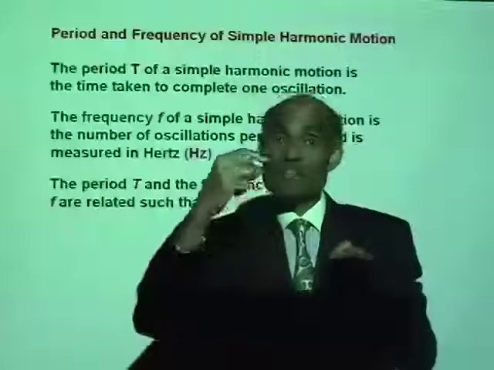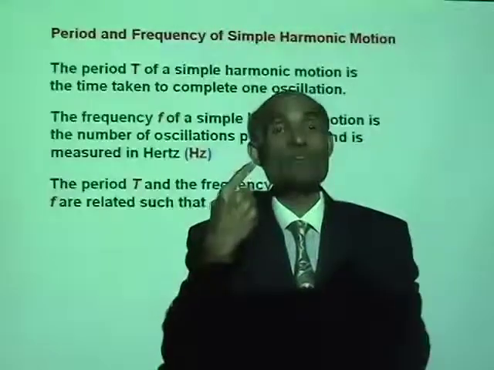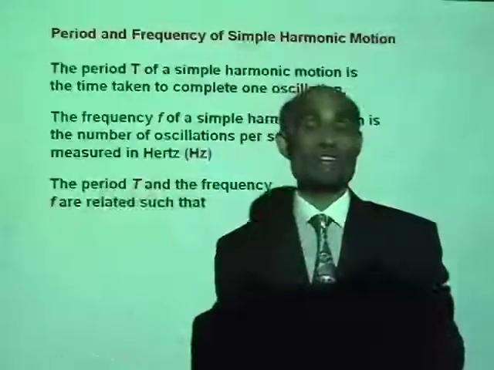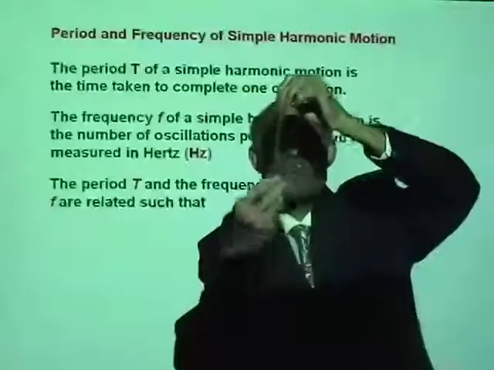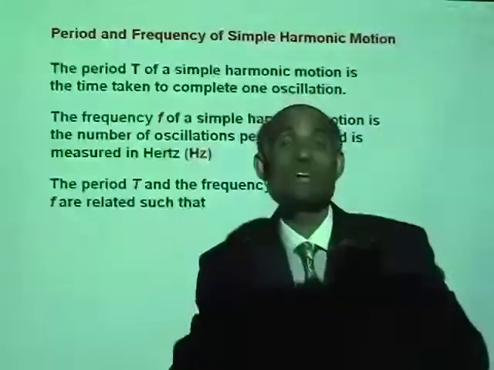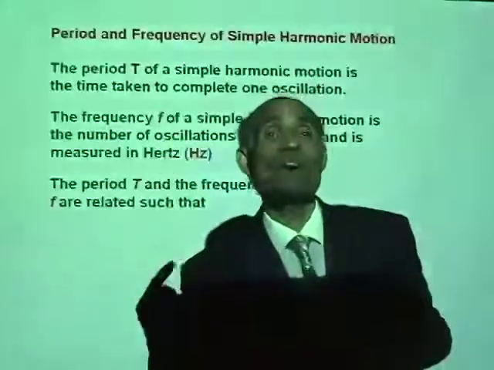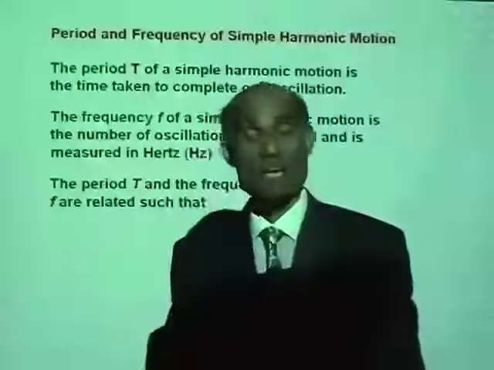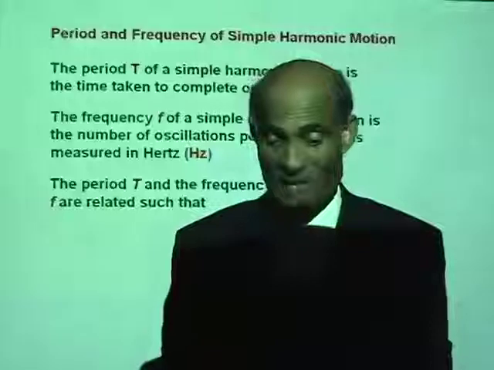Well, if it does 3 oscillations in 1 second, the time taken for one oscillation will be 1/3 of a second. If it does 5 oscillations in 1 second, the time taken for one oscillation will be 1/5 of a second. Is that right? Okay, now tell me, what is the relation between period and the frequency?